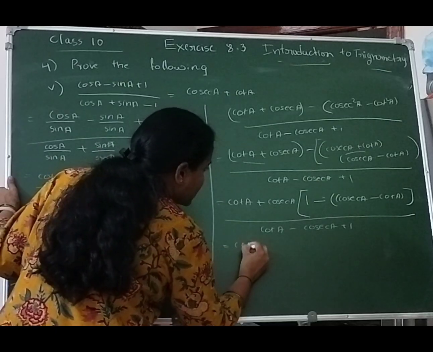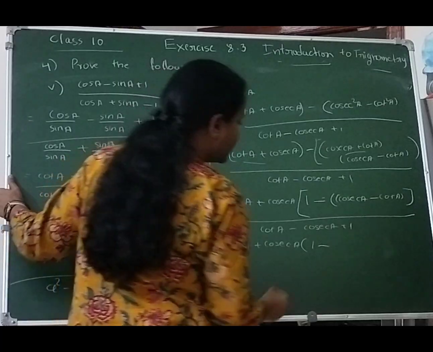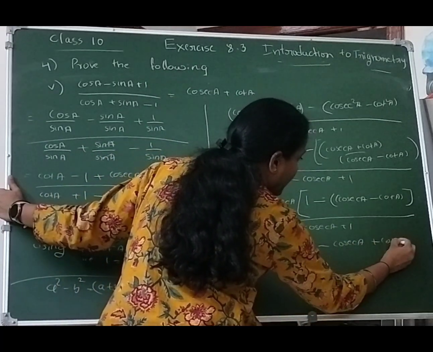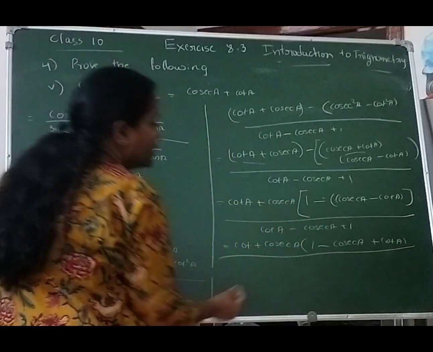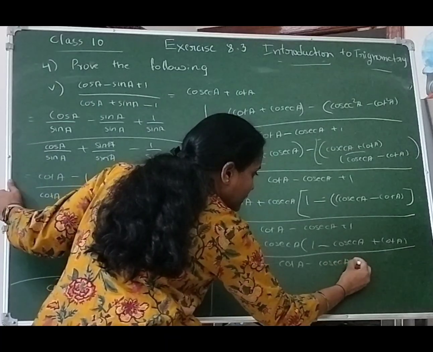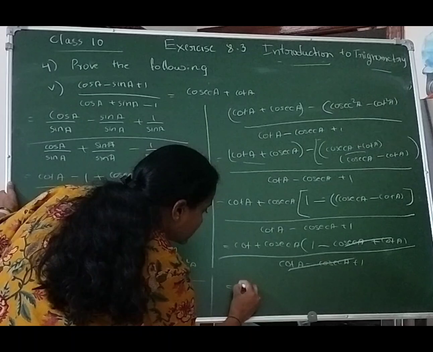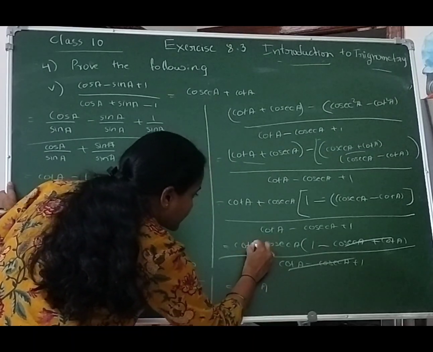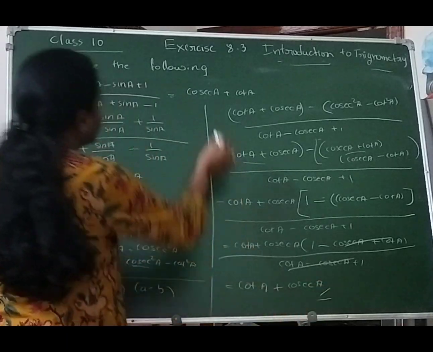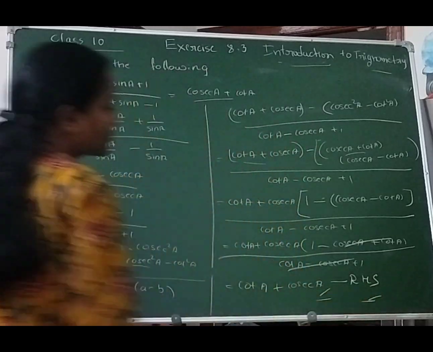So on opening the bracket, it will reduce to (cot A + cosec A) into (1 − cosec A + cot A). That's nothing but our denominator. So the denominator is cot A − cosec A + 1. So common terms will get cancelled here and we'll get the answer as cot A + cosec A. So that is our RHS. Hence the given equation is proved.